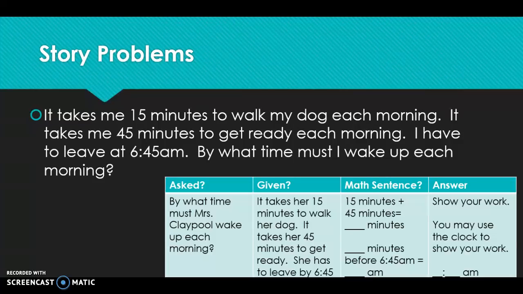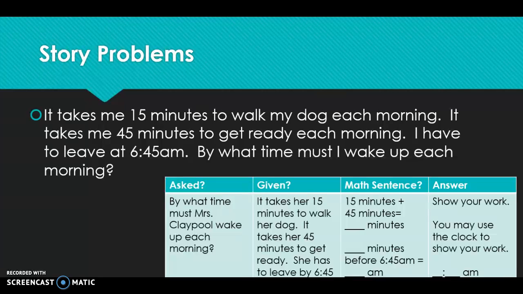So let's turn that into a math sentence. 15 plus 45 equals how many minutes? Okay, so that would be 60 minutes. And so I need to figure out what the answer is for 60 minutes before 6:45 a.m. Okay, so that would be 1 full hour before 6:45 a.m.